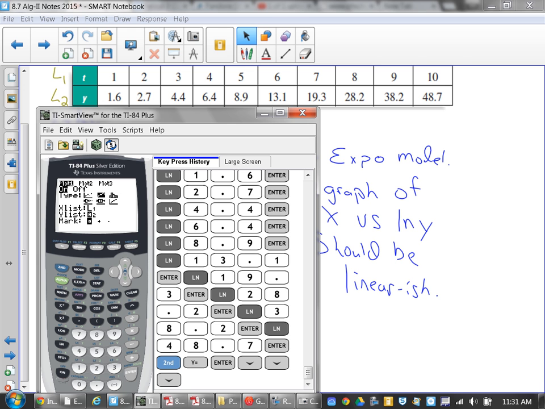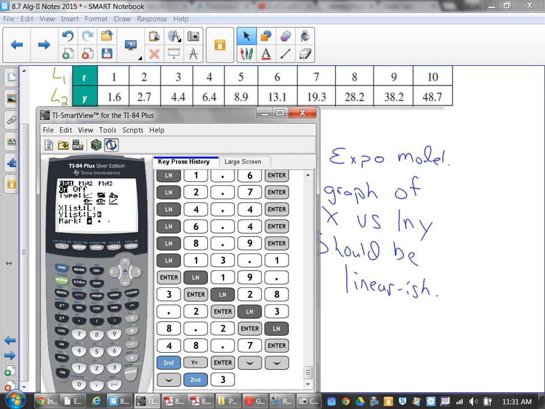I want to graph x versus the natural log of y, what we just put in that next column. To change that, if you look at the blue buttons by the numbers, second option 3 will change it to L3. Everybody see that?